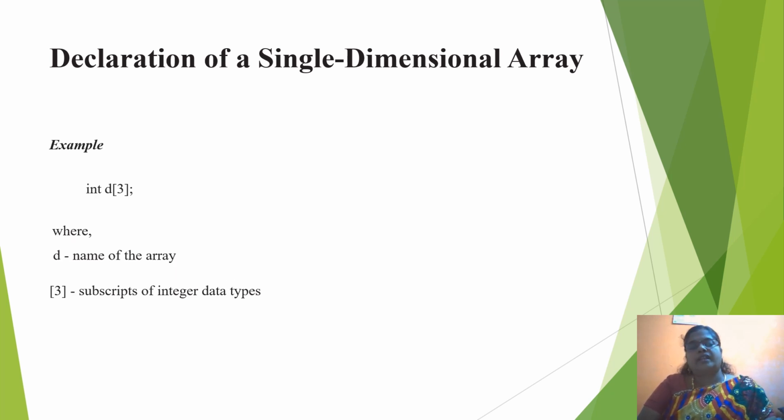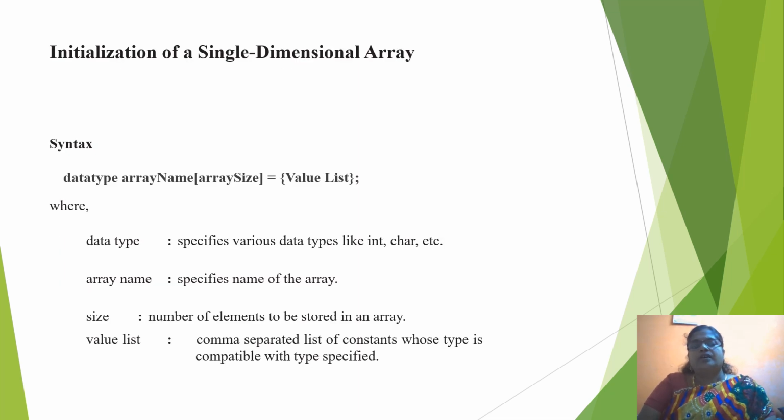An example of this is int d[3], where d is the name of the array and 3 is the subscript, of integer data type. Initialization of a single dimensional array: the syntax is data type array name[array size] = value list, where data type specifies various data types like integer, character, etc. Array name specifies the name of the array, size is the number of elements to be stored in the array, and value list is a comma separated list of constants whose type is compatible with the type specified.